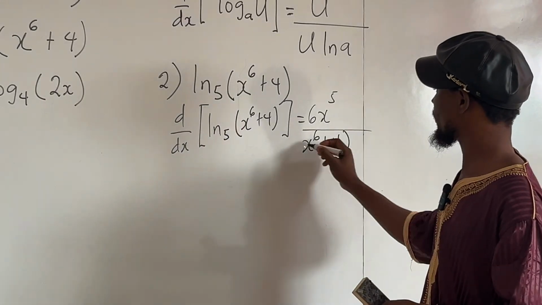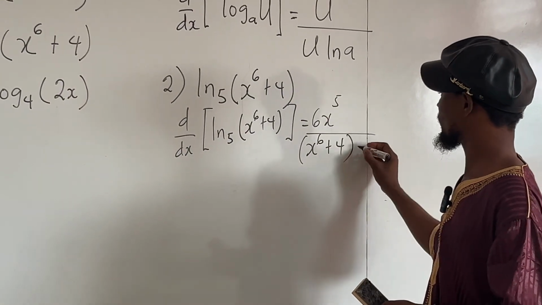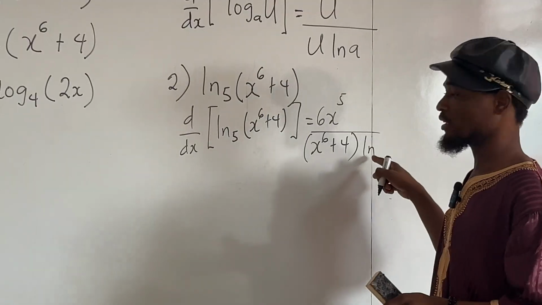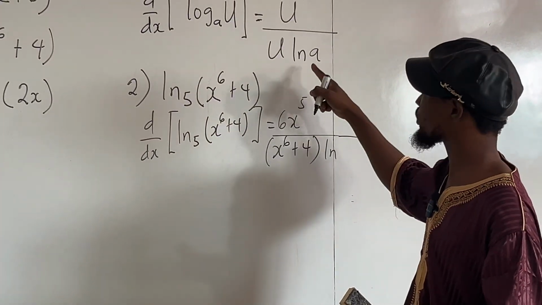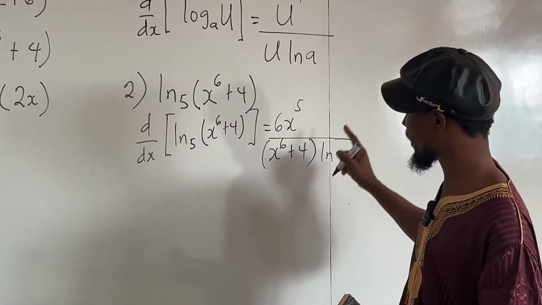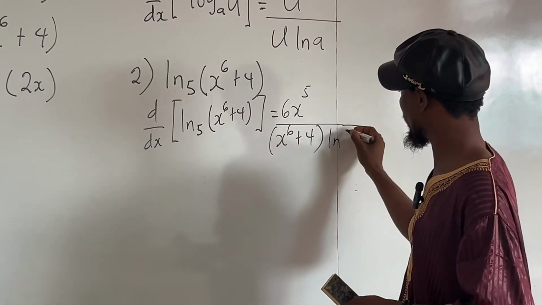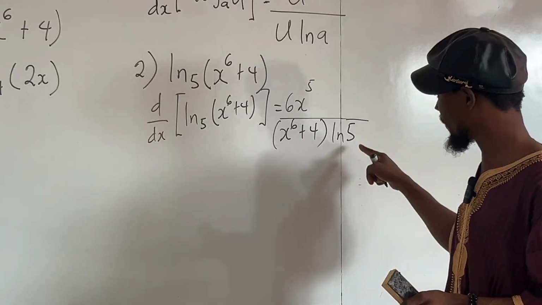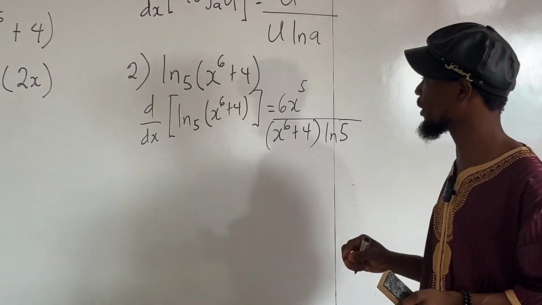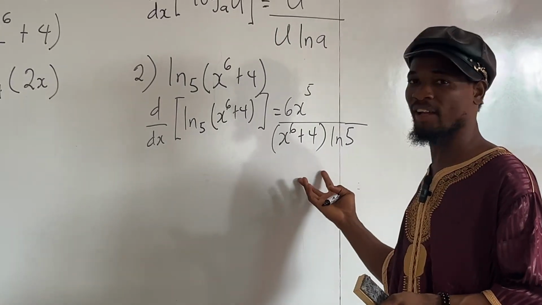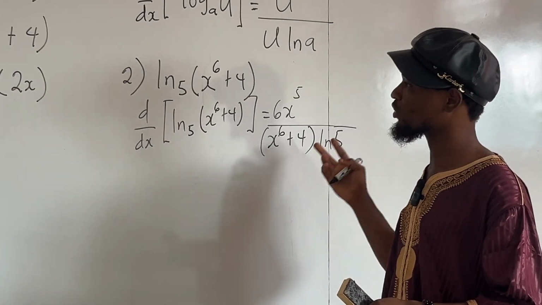Then I have this multiplying log of a. What is a? My a is 5. Okay viewers, this is not a base, this is log 5. So viewers, this is simply the end of this question.